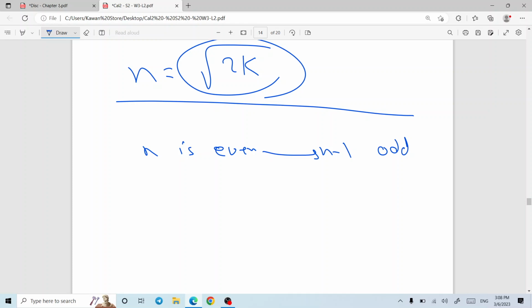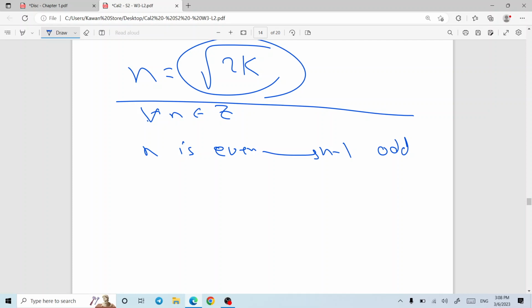Give me one example for each n belonging to the integers. N is even. Then give me one example which is not true: N is even, but n minus 1 is not odd. Yalla, give me a number. Which number? Integer.